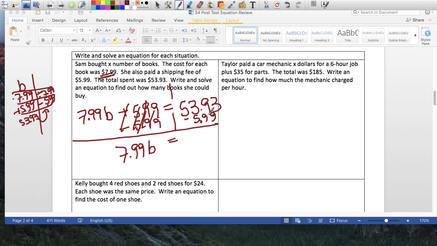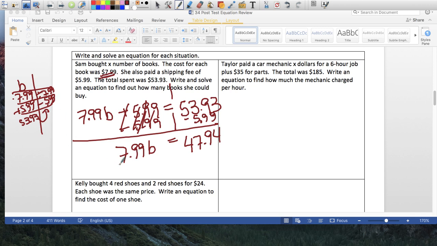So do I have a calculator? Yes, I do. Just give me a second. 53.93 minus 5.99. That's going to give us $47.94, right? So if I take the shipping, postal fee away from the total, I'm left with just the cost of the books. So the books in total cost $47.94. So how many books did I buy with $47.94 if each book was $7.99?